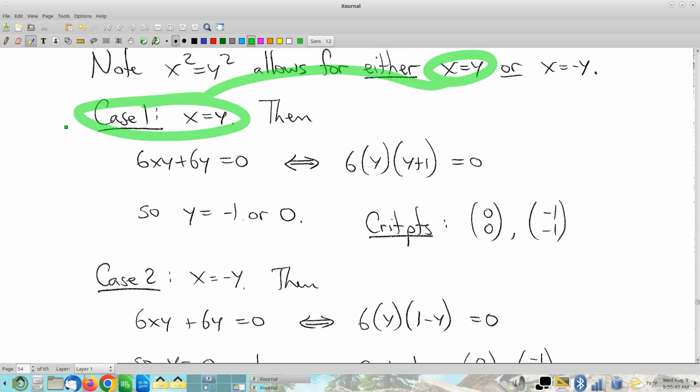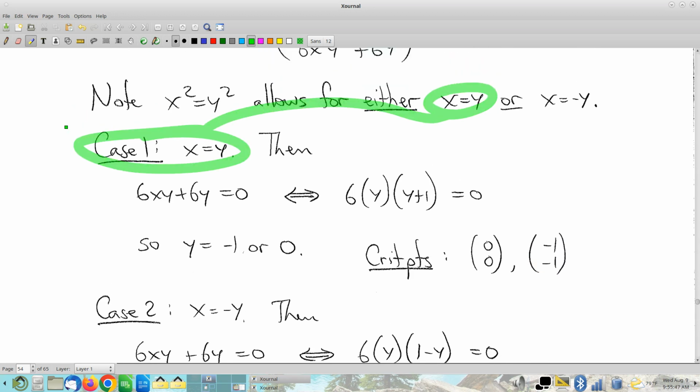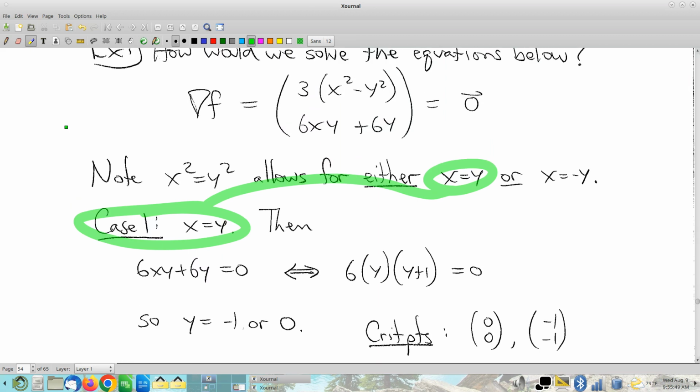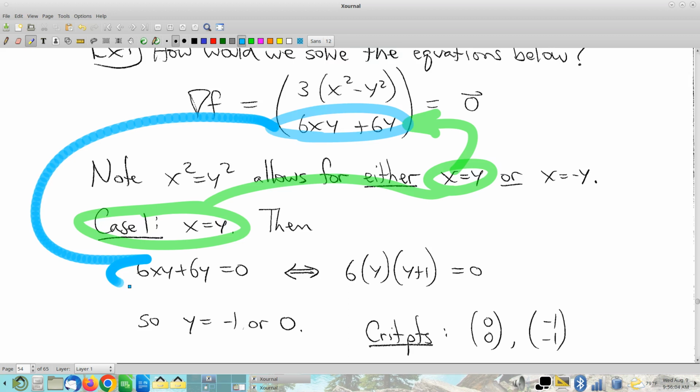So let's start with case 1. Let's start with the possibility that x might equal y. What do we do with that? How do we proceed? Well, if x is equal to y, I could plug that into this thing here that has to equal 0. If that has to equal 0, and if x is equal to y, well, that means that 6y squared plus 6y is equal to 0.